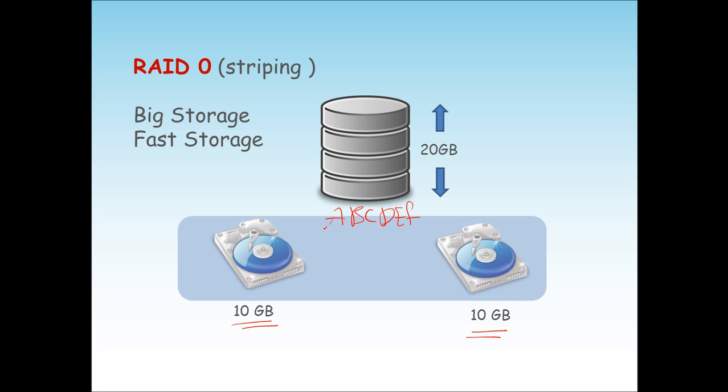So you will find A in this drive and B will go to this drive and C will be here and D will be over there and so on.